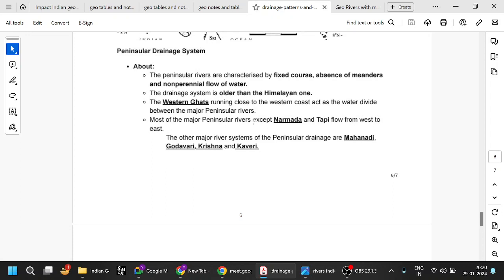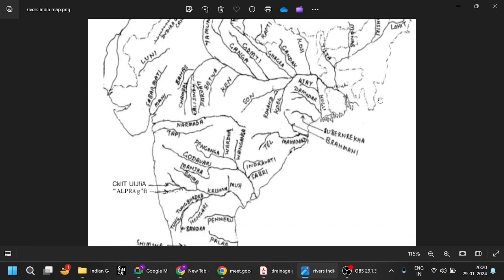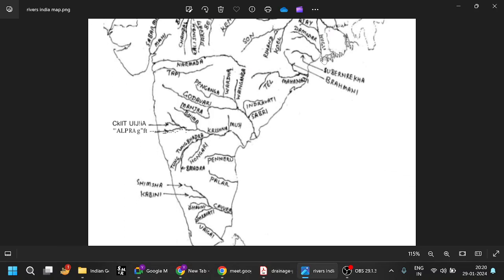Most of the major peninsular rivers except Narmada and Tapi flow from west to east. This is very important. See, when we talk about peninsular rivers, Godavari, Tungabhadra, Krishna, Penneru, Palar, Kaveri, Vaigai, they are all flowing from west to east and they are going to the Bay of Bengal.